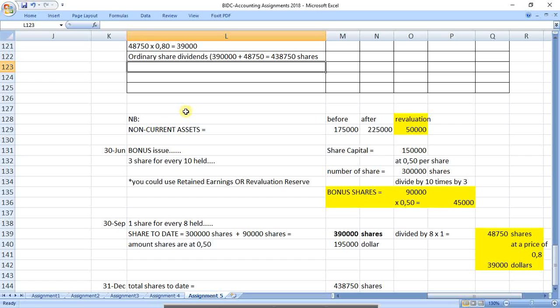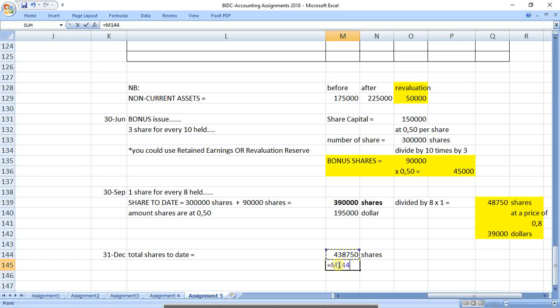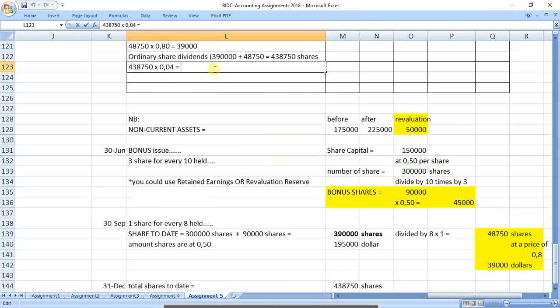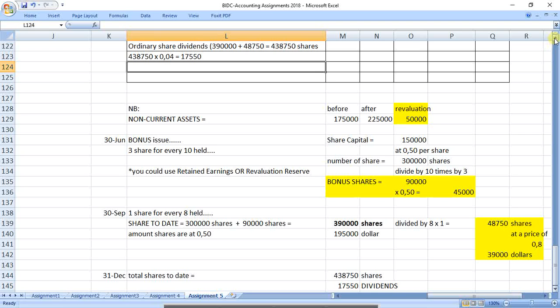Okay, then we just need to times that by, how much dividend do I pay? 4 cents, 0.04. Equals a dividend. Let's work it out down here at the bottom. This times 0.04 gives me that as a dividend. Okay, so 17,550. Just double check. Yeah, 17,550.